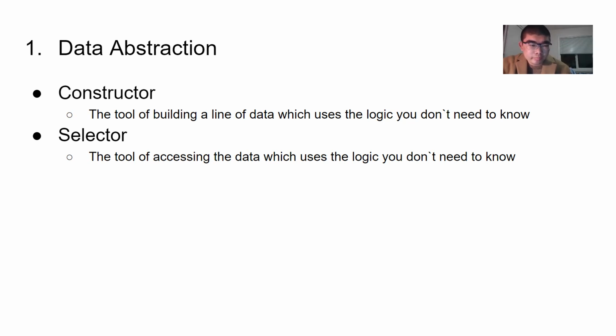And also the selector. The selector is the tool for accessing data. Once they are stored, you use tools, like when I want to speed up the car, I hit the gas pedal. The selector is the same kind of tool, so that you can select and access the data stored in the database.